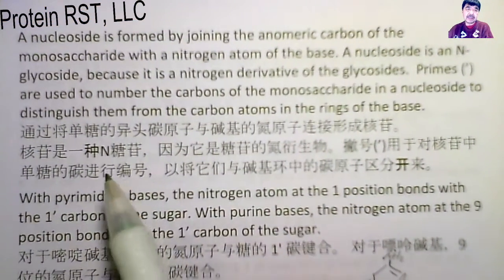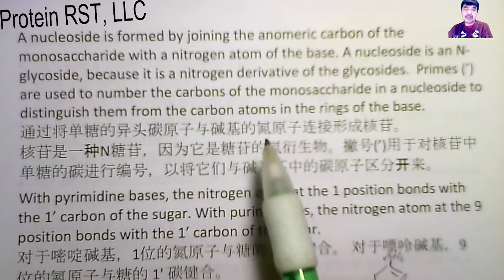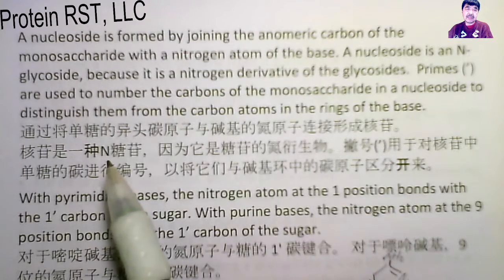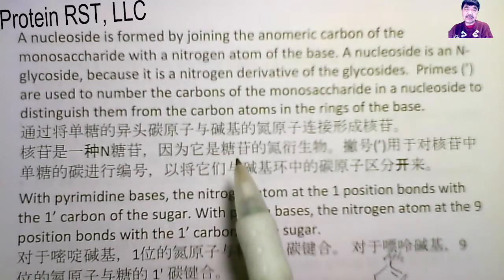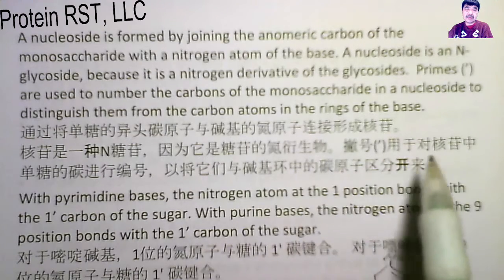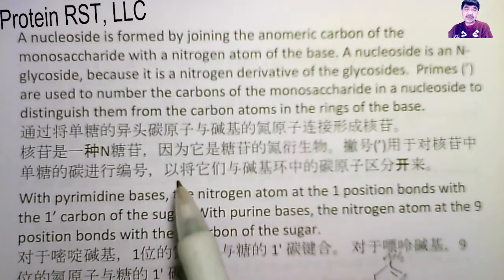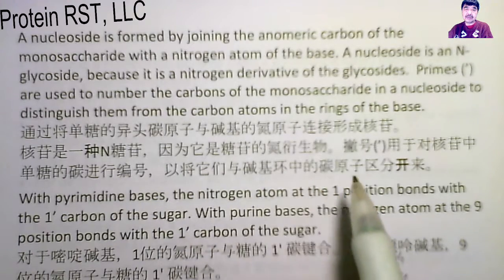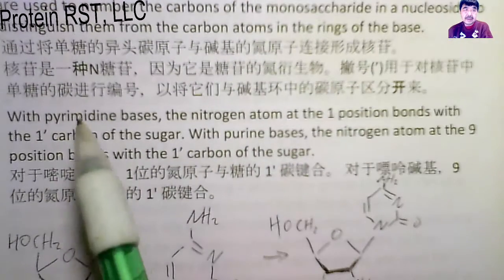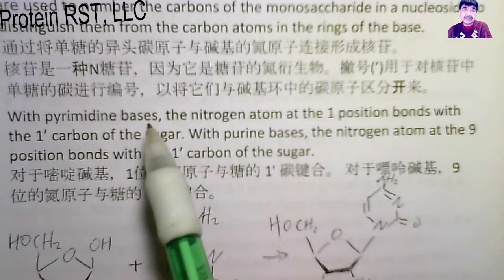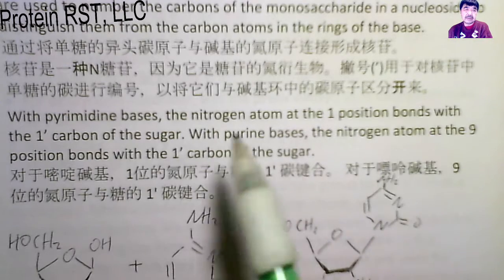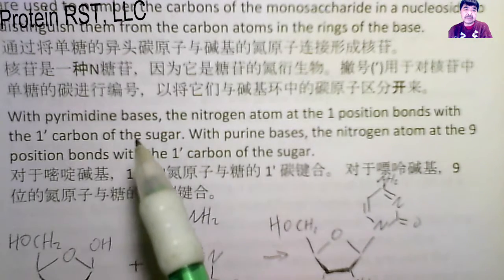With the pyrimidine bases, the nitrogen atom at the 1 position bonds with the 1' carbon of the sugar.